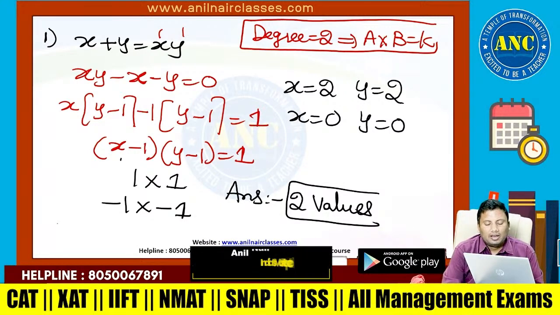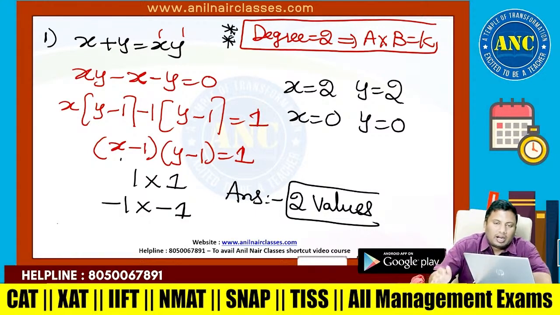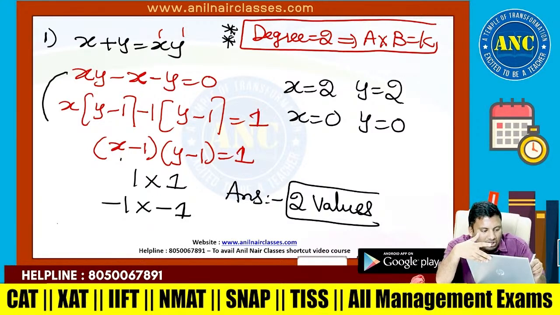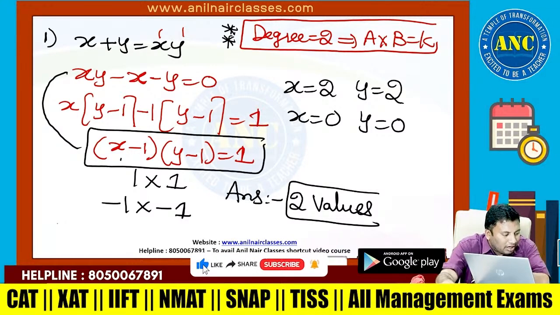Concept 1: if the degree of the equation is 2, write the equation as a product of 2 factors. Xy minus x minus y is 0, x common, y minus 1, adding 1 on both sides. I wrote the equation as a product of 2 factors. So the answer for the first question is 2.